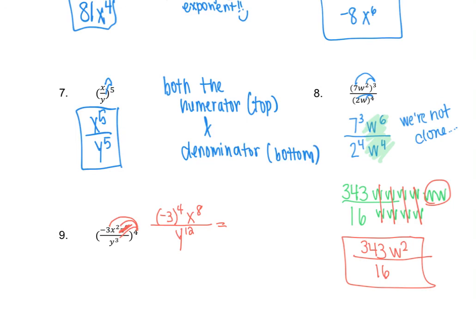So -3 times -3 is +9. Times -3 is -27. Times -3 is +81. So I have 81 x to the 8th over y to the 12th. And I'm done.